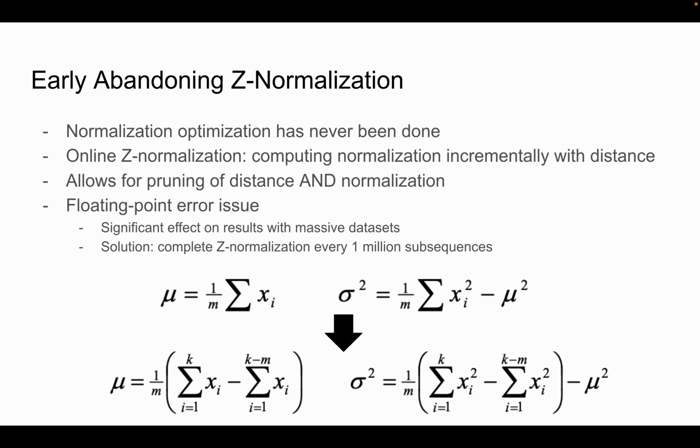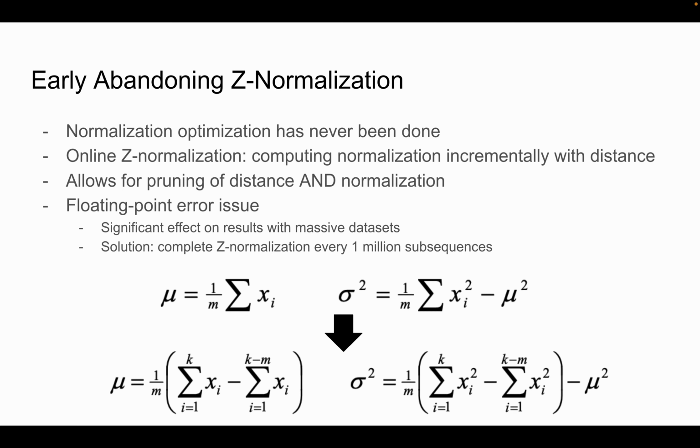These optimizations are new and unprecedented, and as we will later show, have impressive outcomes on overall efficiency for time series data mining. In earlier research, optimization at the normalization step had never been attempted. This is strange, as normalization takes slightly longer than the Euclidean distance computation.